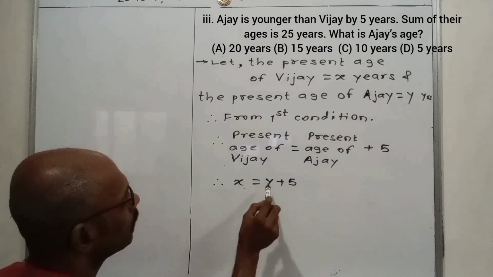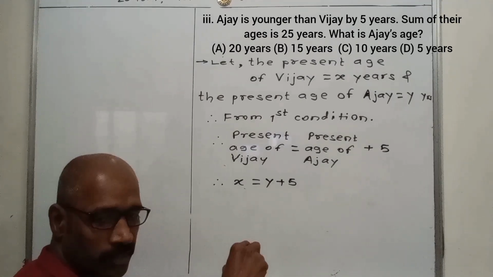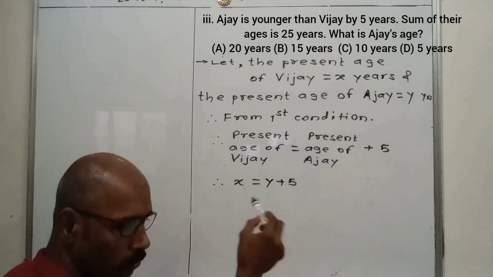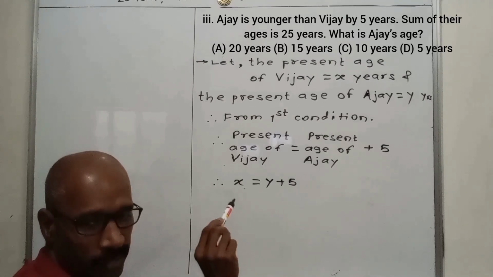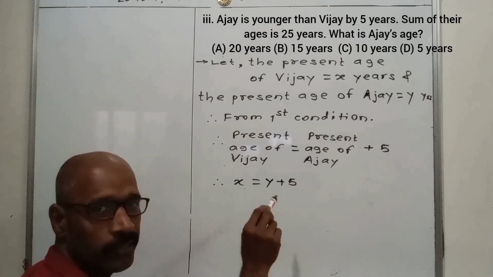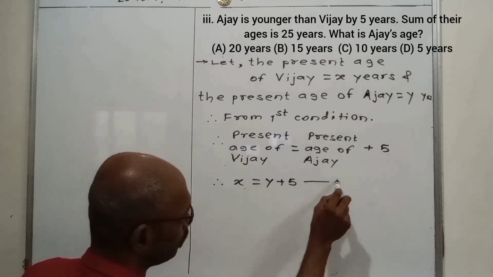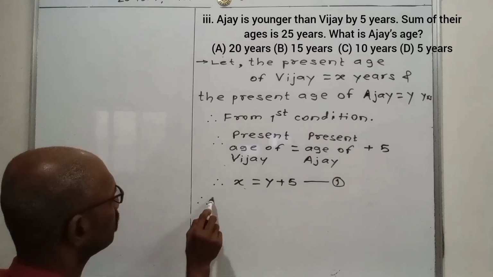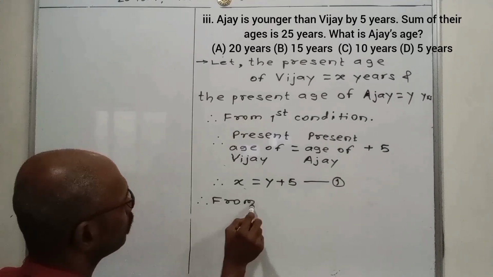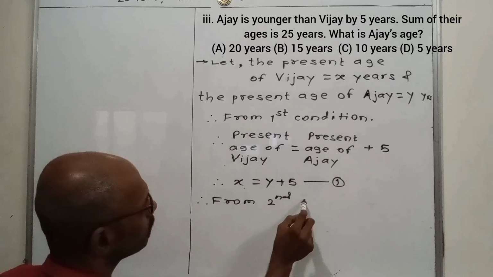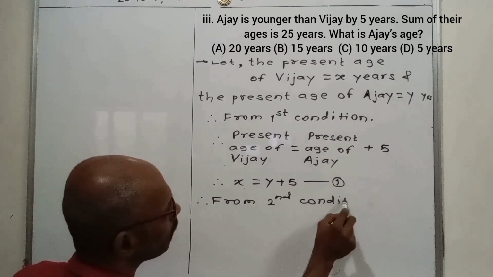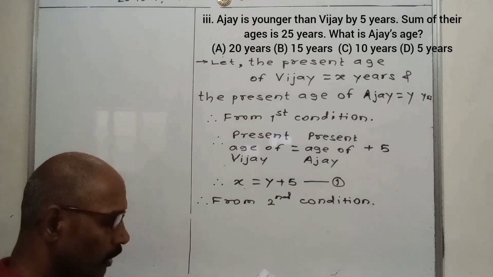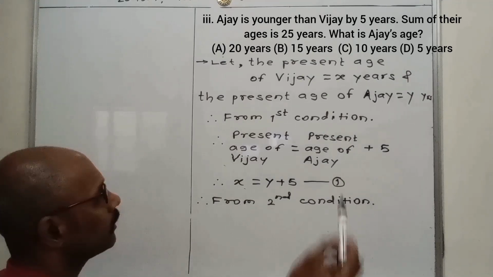Did you get it? We use substitution method, or you can use elimination method. Substitution method is very simple. So we give here number 1. Therefore, from second condition, what is the second condition? See this. Sum of their ages is 25 years.